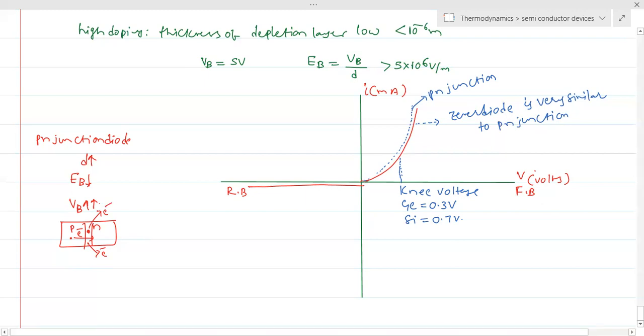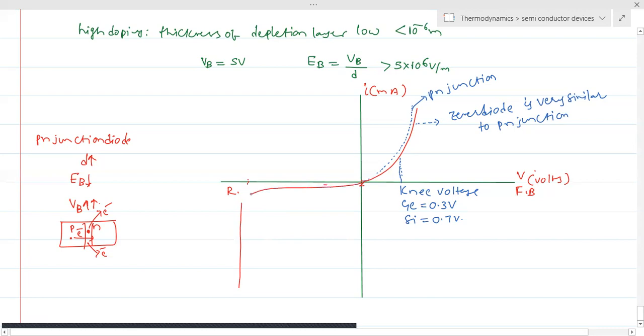So in the output characteristics, at a particular applied voltage, we will see a sudden increase in current. This is called avalanche breakdown.